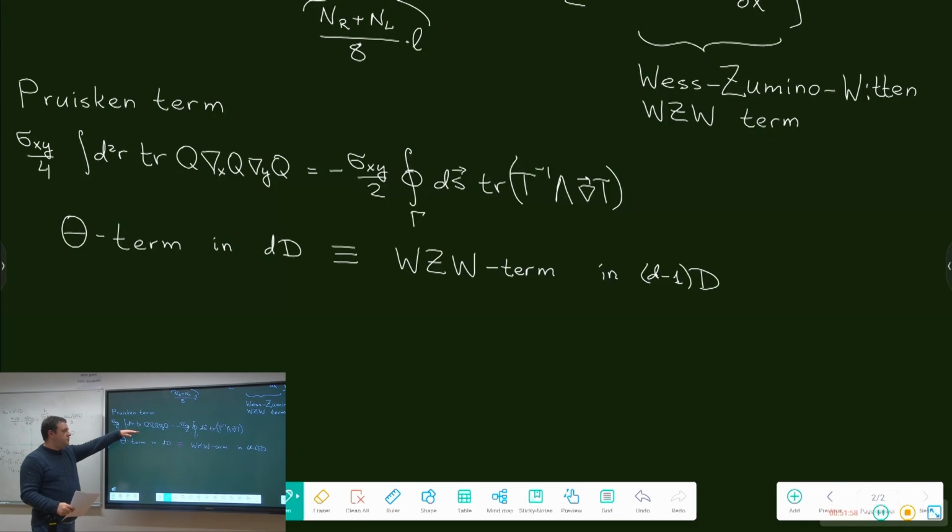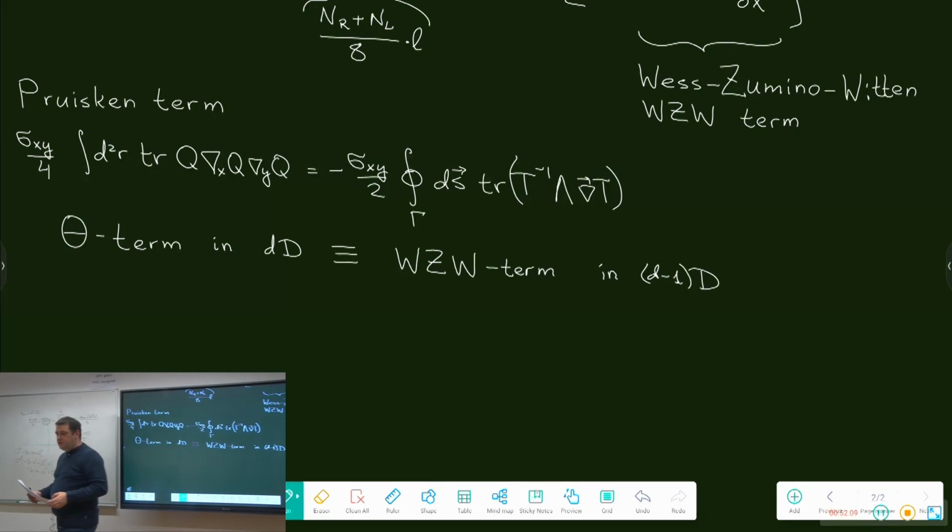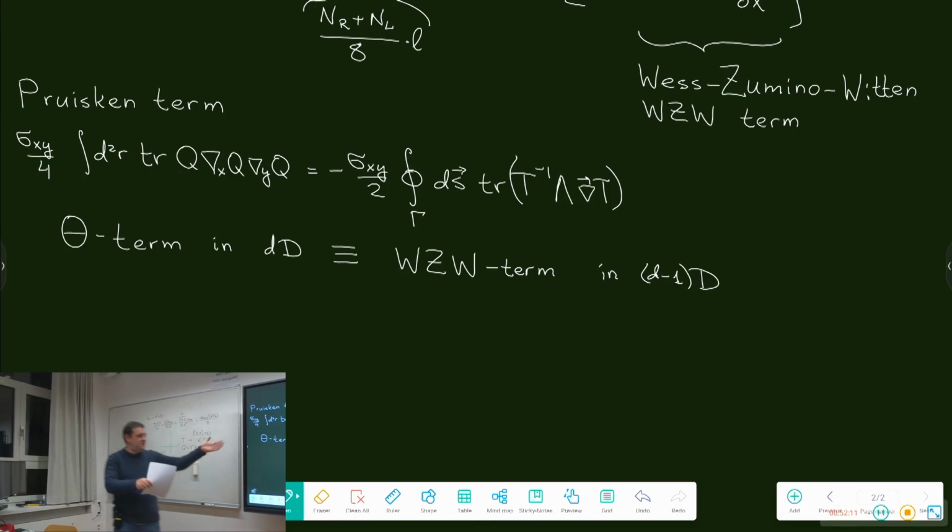This is a theta term, and it equals the one-dimensional term in dimension d minus 1, and there it is called WZW term. In a one-dimensional theory, such a term is called WZW. So they are literally the same thing. I mean, it's the same expression, but they have absolutely different properties.